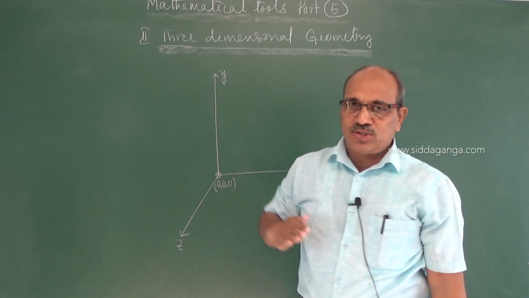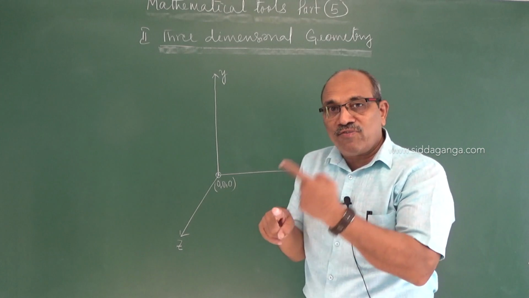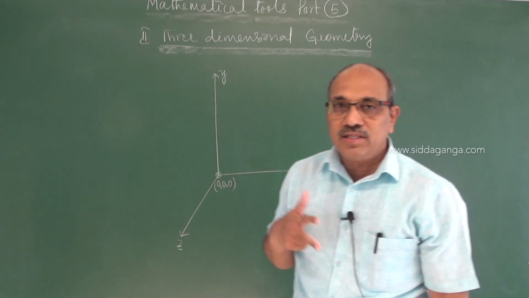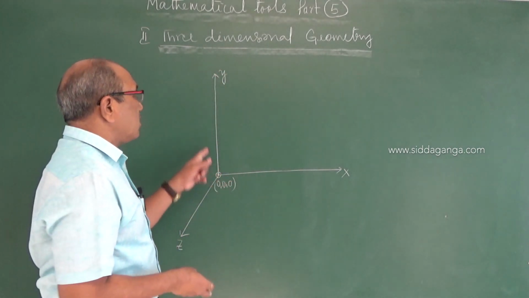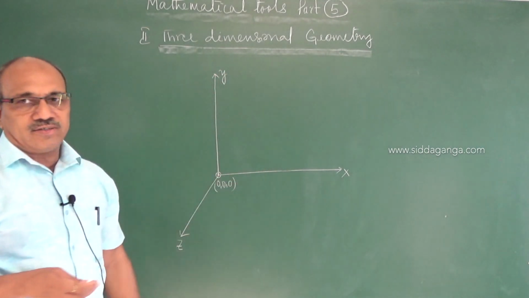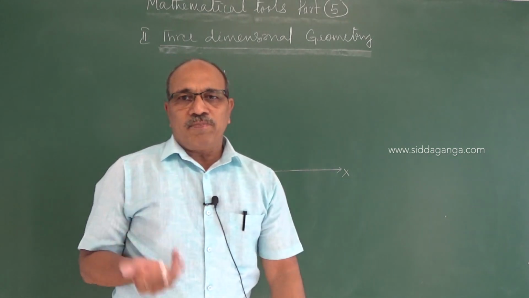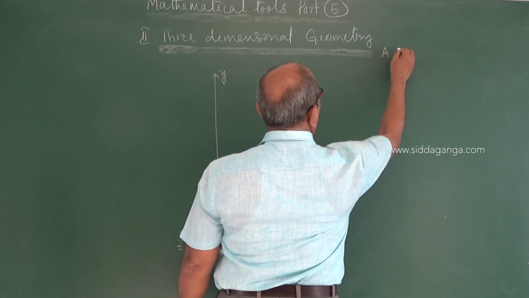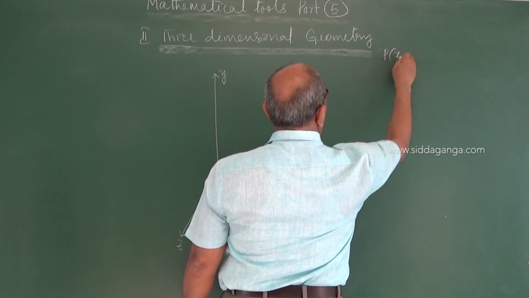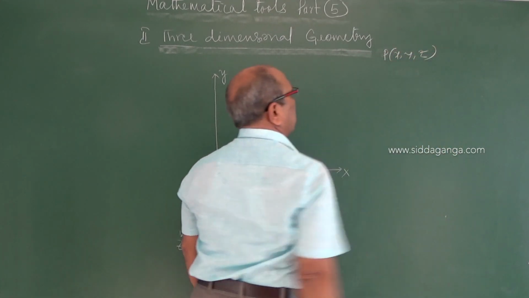The intersection of all these three axes, x, y and z, is the origin of the coordinate system in 3 dimensions. To locate a point P, I have to say how these coordinates are taken.